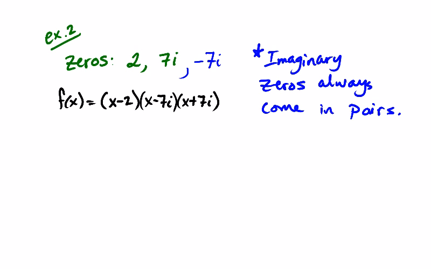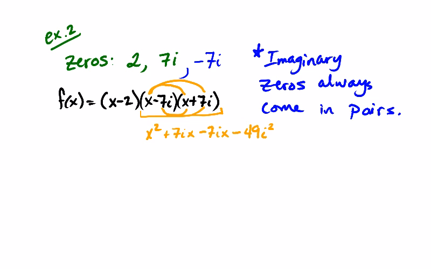And now we can multiply these out. When you have imaginary zeros, the one thing you're going to want to do is multiply the two parentheses that have the imaginary numbers in them, because once again something nice will happen. So x times x is x squared, x times 7i is plus 7ix, negative 7i times x is minus 7ix, and then negative 7i times positive 7i is going to be minus 49i squared.